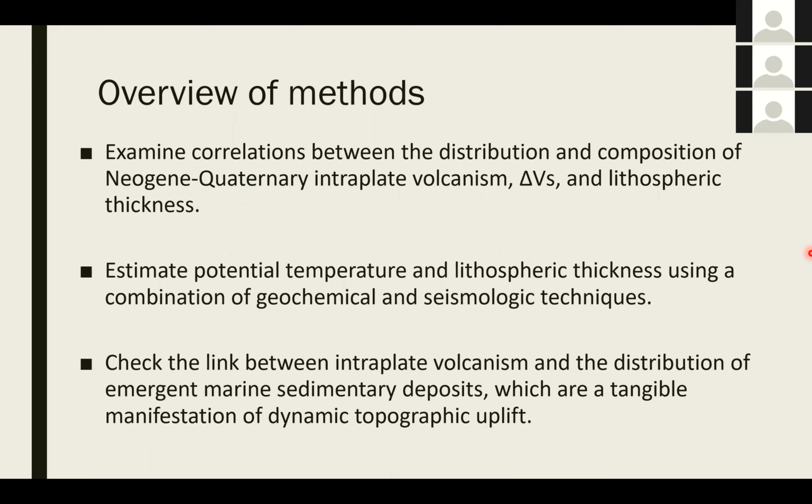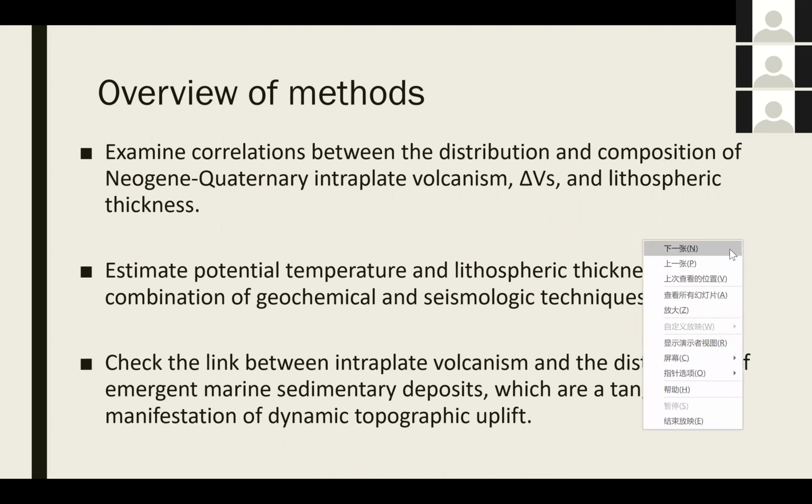Secondly, they estimate the potential temperature and lithospheric thickness using a combination of geochemical and seismological techniques. And finally, they check the link between the intraplate volcanism and the distribution of emergent marine sedimentary deposits, which are a tangible manifestation of dynamic topographic uplift.